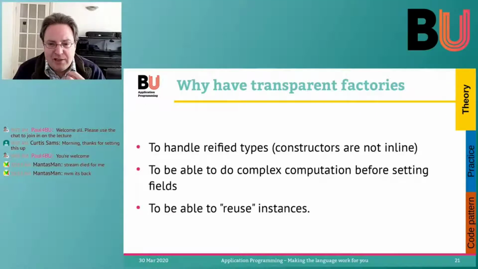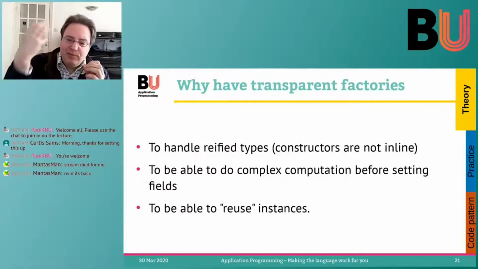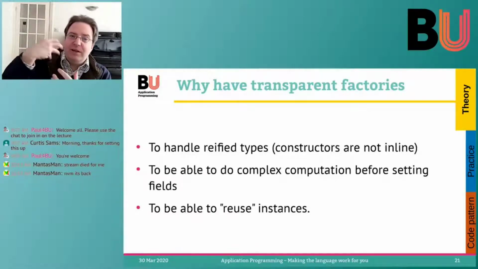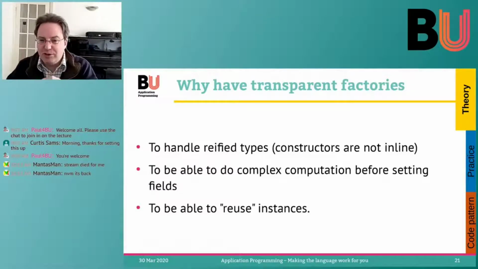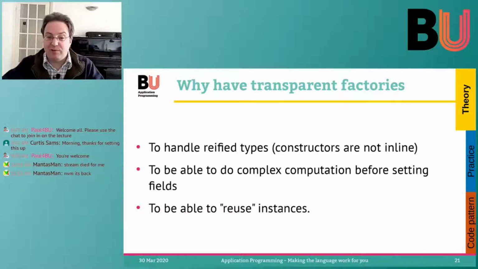There are some cases in Kotlin, I don't know if you've noticed, where if you have a constructor, the first thing you have to do is call the parent constructor. Sometimes you want to do some calculations before that so that your parameters can be translated properly into the parameters for that parent constructor.